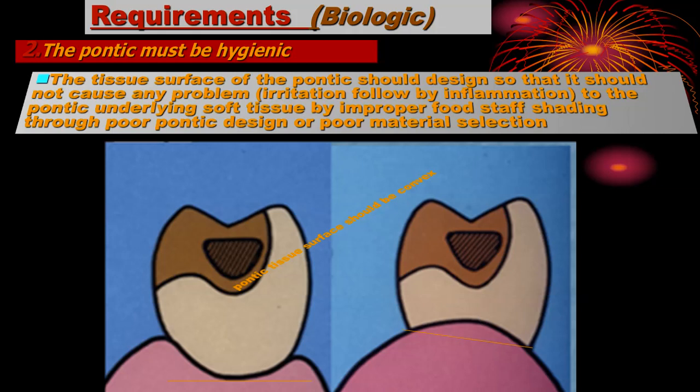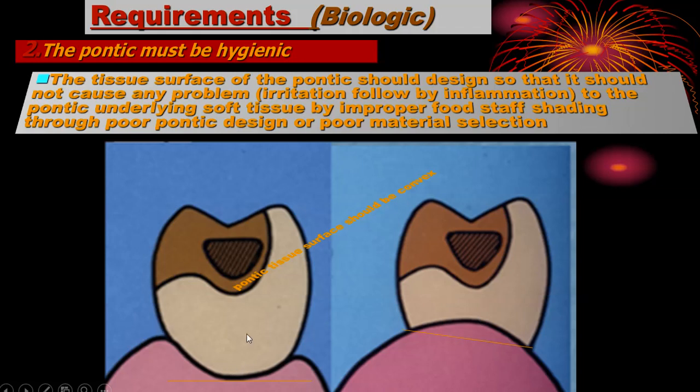The tissue surface of the pontic that is more convex is better than a concave surface, because a concave surface can cause improper foodstuff shedding below the pontic, and when you use the dental floss, it cannot reach this concavity area. But here, when you use dental floss, the floss can clean all the area underlying the pontic.